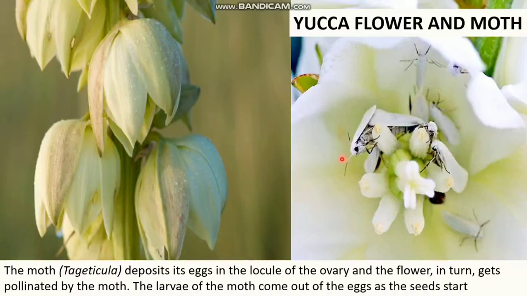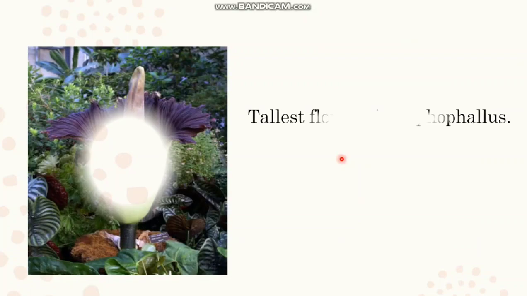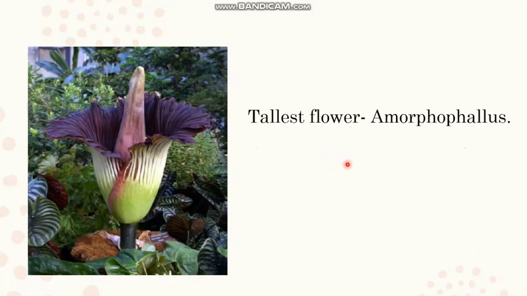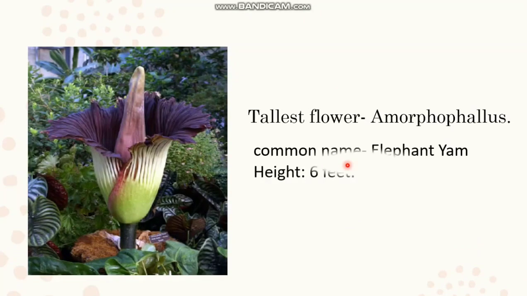So the life cycles of yucca and moth are dependent on each other. In the same way, Amorphophallus also provides a safe place for deposition of eggs. Amorphophallus is the tallest flower of the world, its height is 6 feet, commonly known as elephant yam.